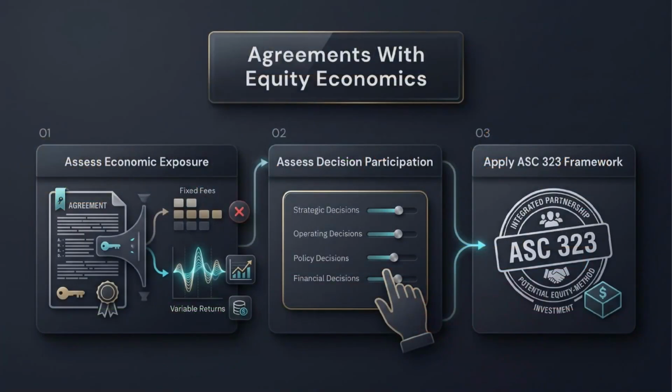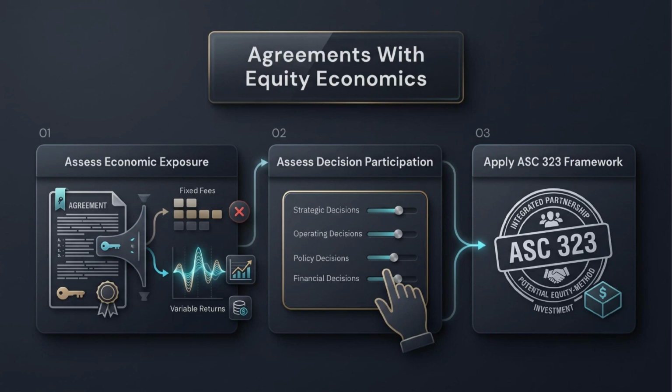Sometimes the legal instrument is not a share at all. A licensing agreement, management contract, funding arrangement, or other contract may create ownership-like economics. The analysis asks whether the arrangement gives variable returns tied to the investee's performance and whether the investor has practical ability to participate in policy decisions.